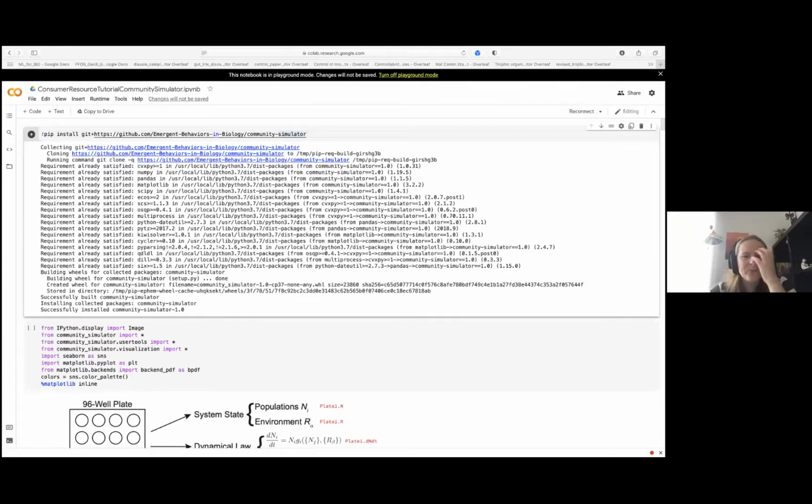And hopefully it might be useful to some people who do experiments and want to jump onto it and do some simple modeling that will recapitulate some of their experimental findings.